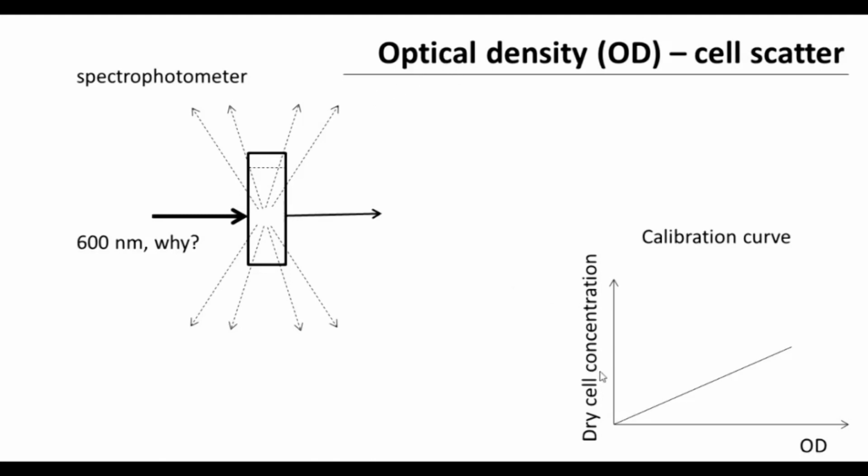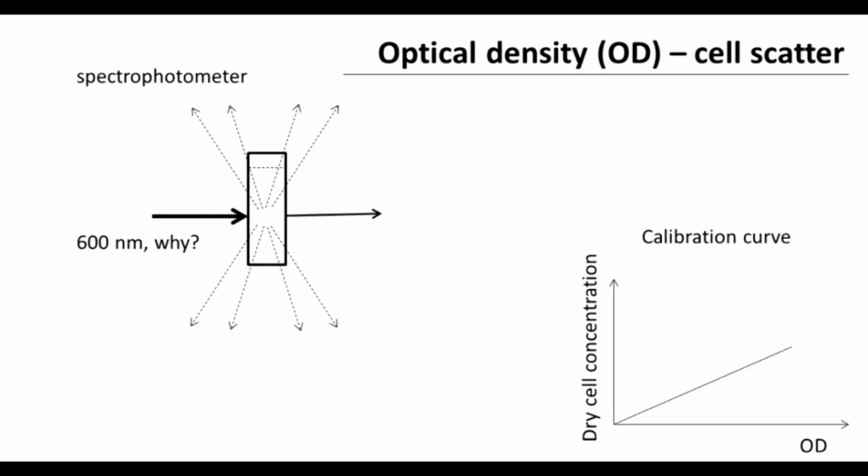Then what is done is using a calibration curve against the dry cell concentration. Remember, we did talk about dry cell concentration measurement. You take a large enough sample, you dry down the cells completely using a vacuum oven overnight, and then you measure the mass of cells that was present in that particular volume. Therefore, you have a dry cell concentration.